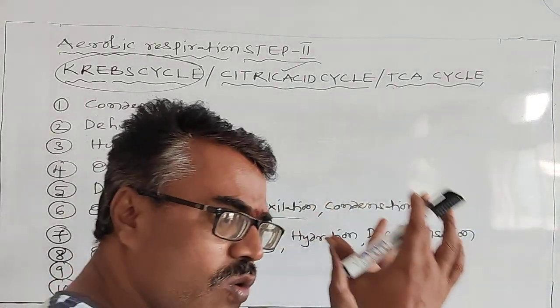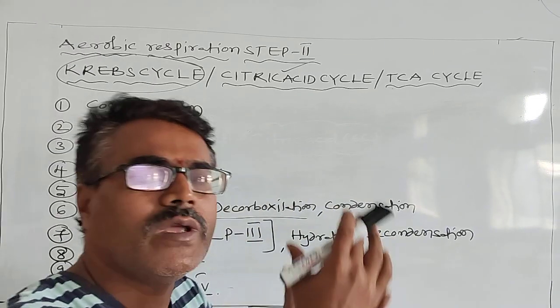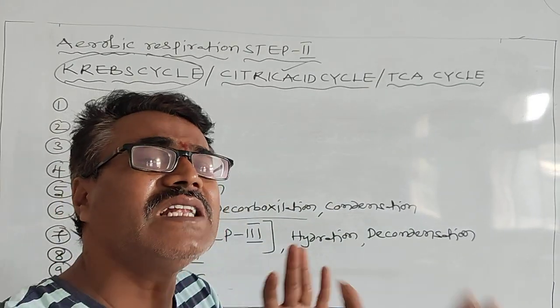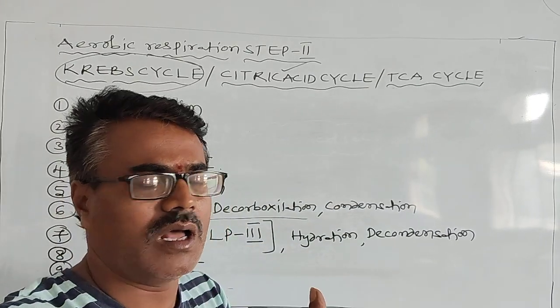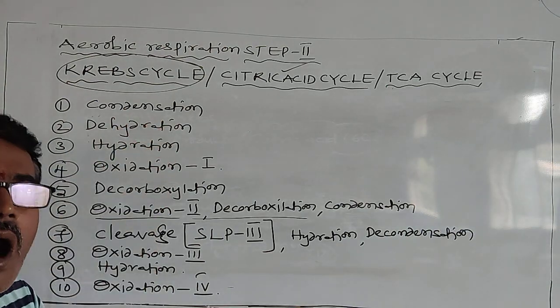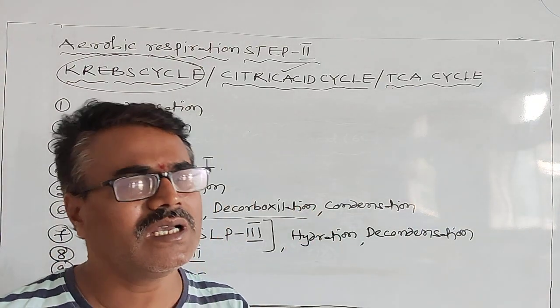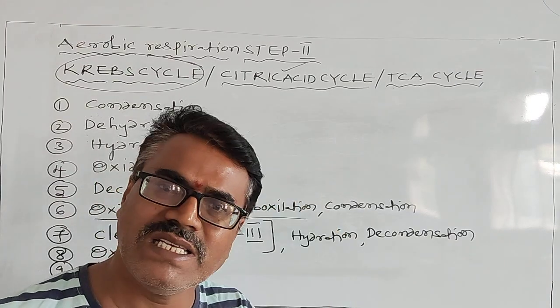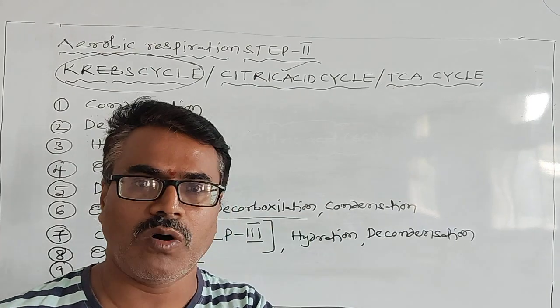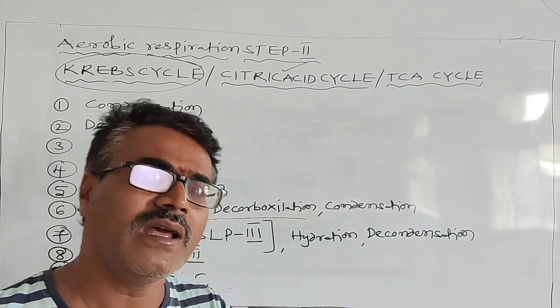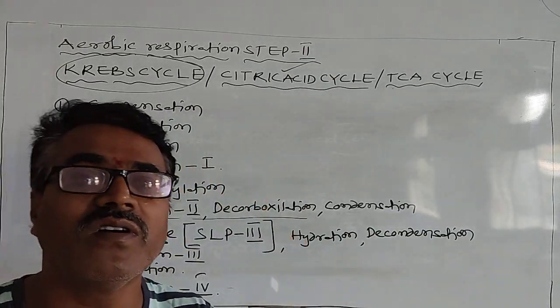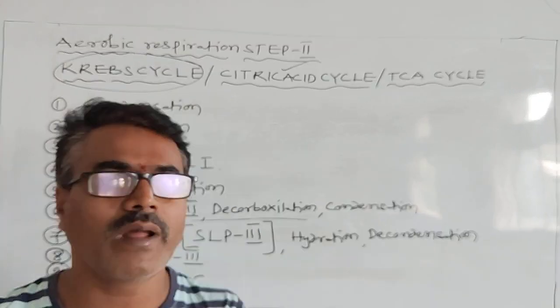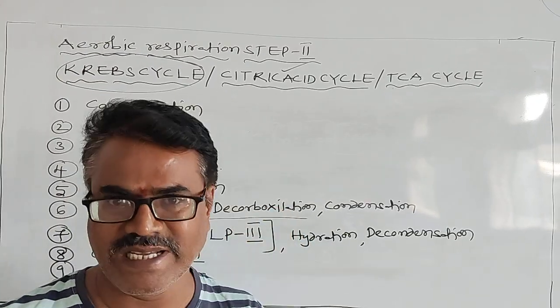This acetyl coenzyme A is condensed with oxaloacetic acid, a 4-carbon compound, forming the primary stable product, citric acid.